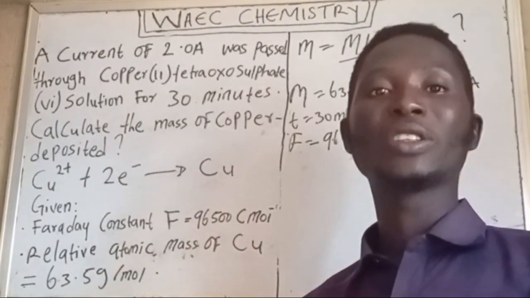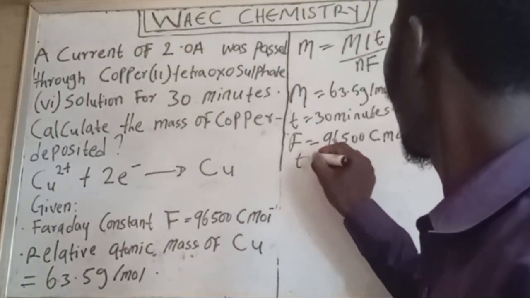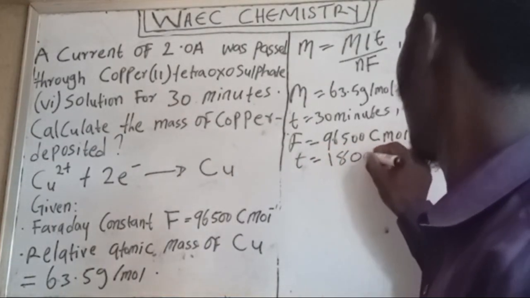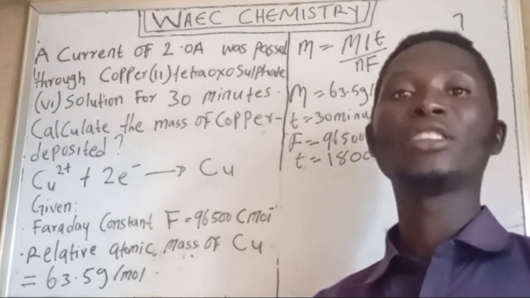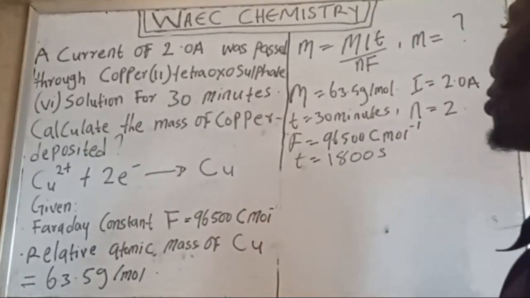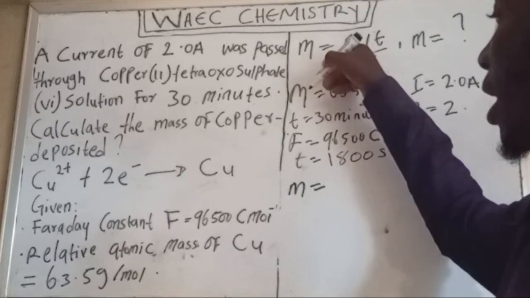After converting your time from minutes to seconds, which gives us t is equal to 1800 seconds, the next thing you will do is to input the values into the formula. So we have m is equal to molar mass.